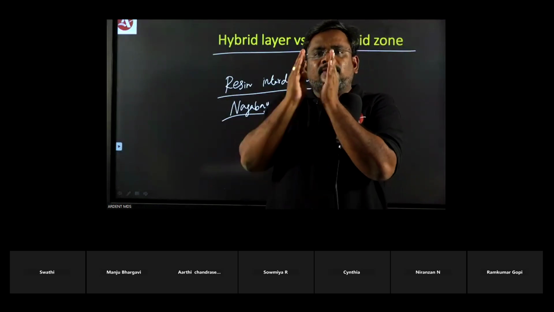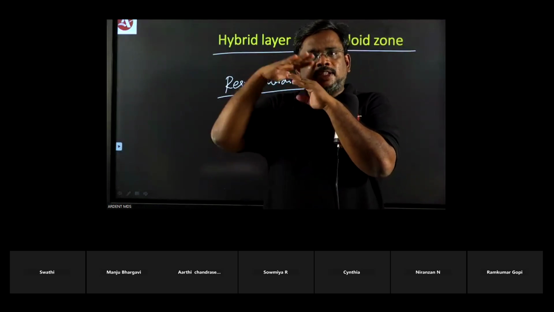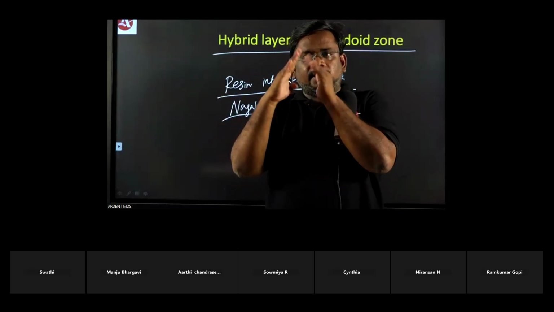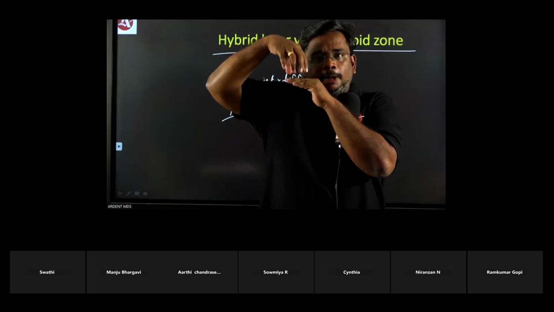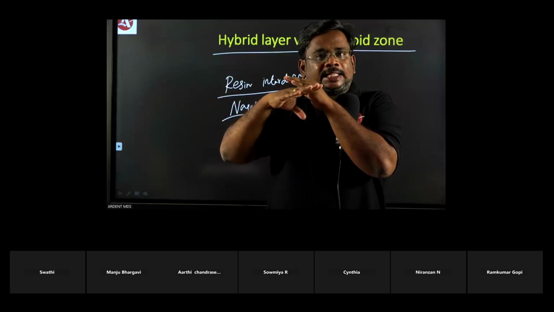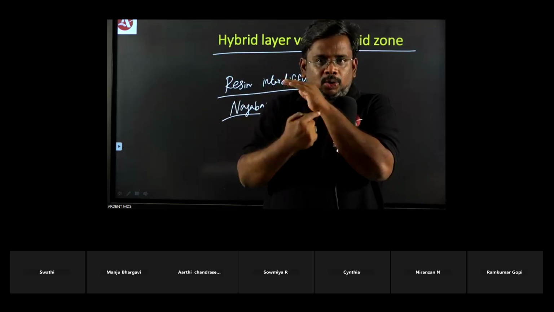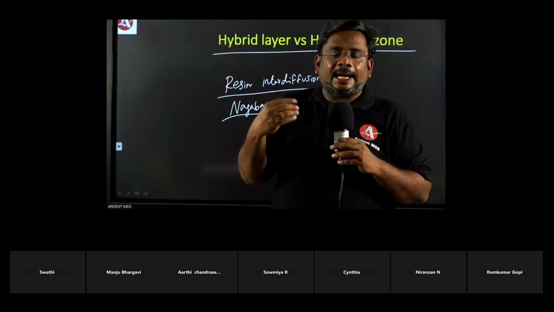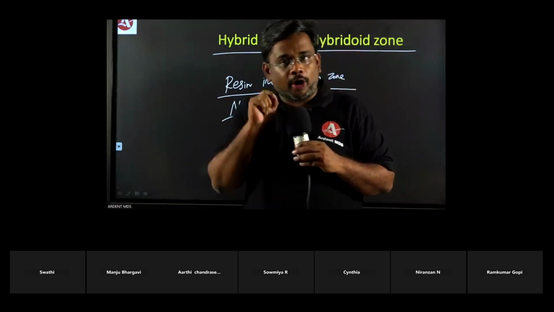The collagen, which is straight like this, when you apply air pressure, will be intermingled, like this. So your resin cannot penetrate in between the dentinal tubules, in between the collagen. So the bonding is not better. This zone is called the hybridoid zone, where resin cannot penetrate much into the dentinal tubules.